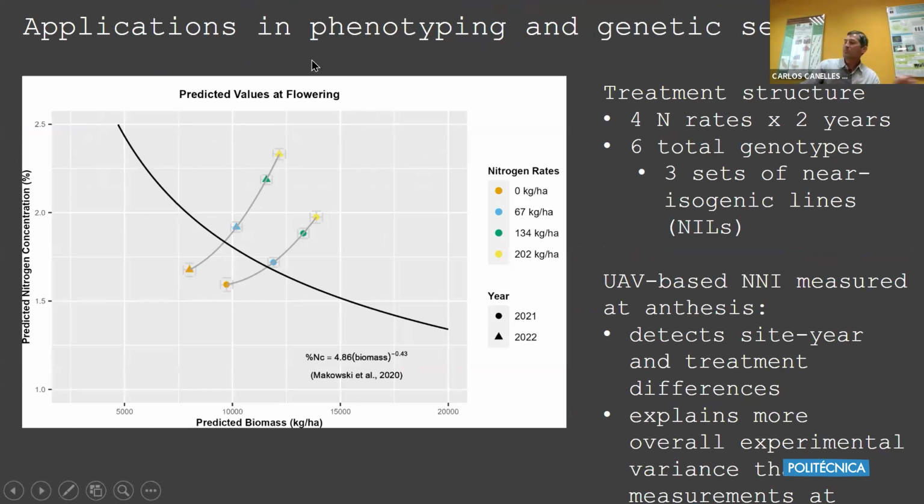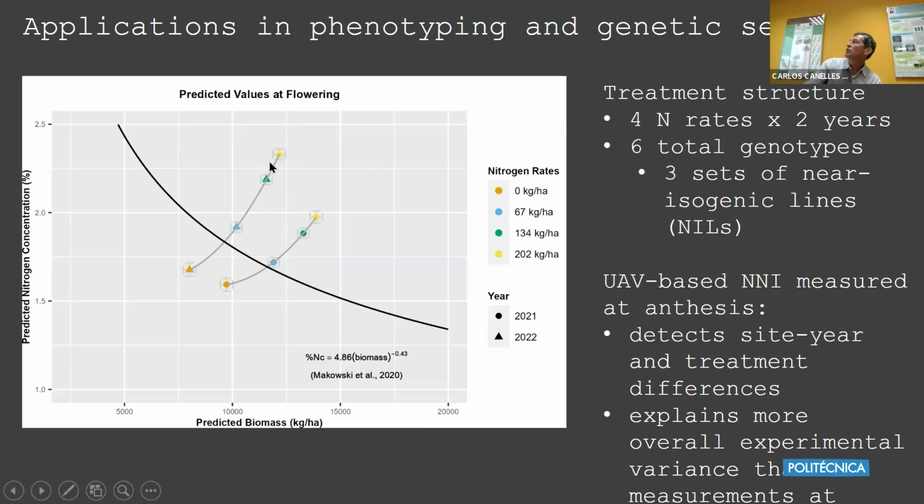And just real briefly, but I want to leave a little time for discussion, we are also applying this because we have a lot of genotypic diversity, and creating phenotypes is an important objective for us. So we have been applying these same remote sensing, non-destructive measurements across nitrogen rate trials where we didn't measure the actual things in the season.